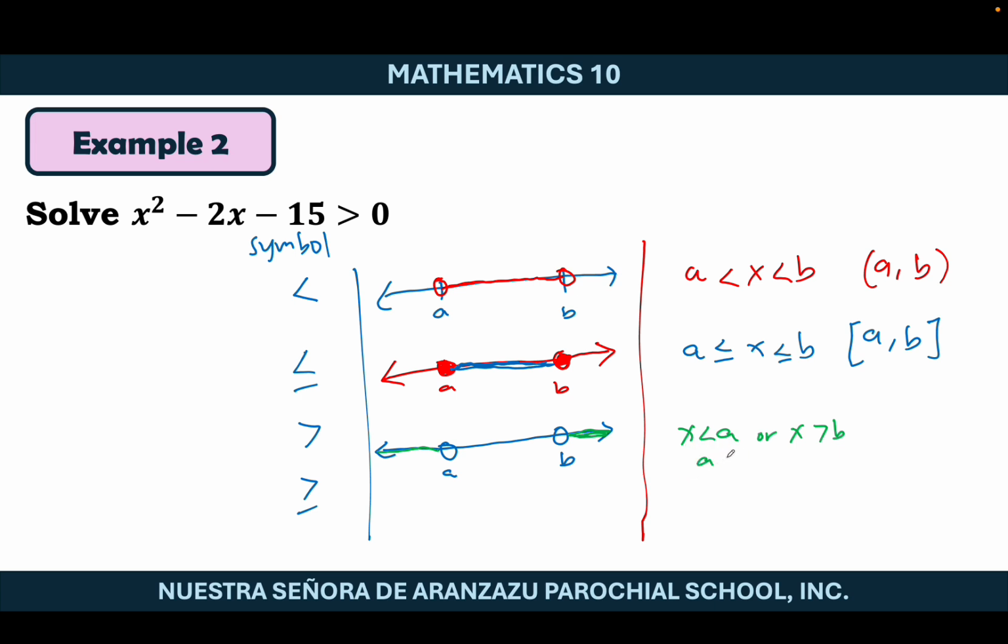A greater than x greater than B. Yan, sundan nyo lang yan. Okay. Then, kapag sinulat mo yung interval notation, that is negative infinity, comma A, union of B, comma positive infinity.